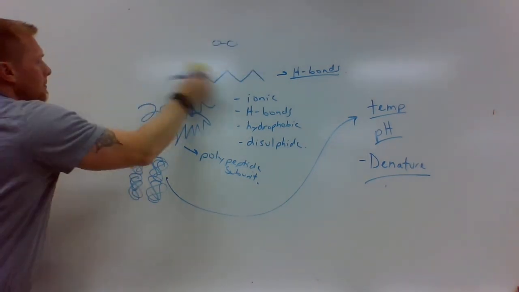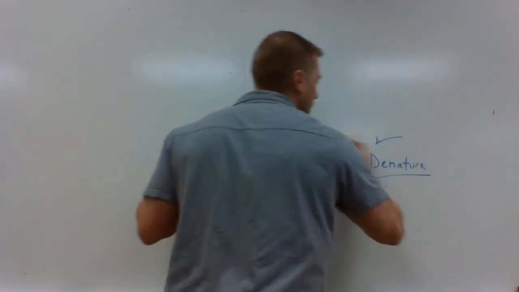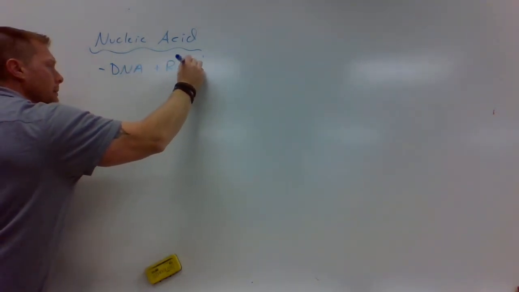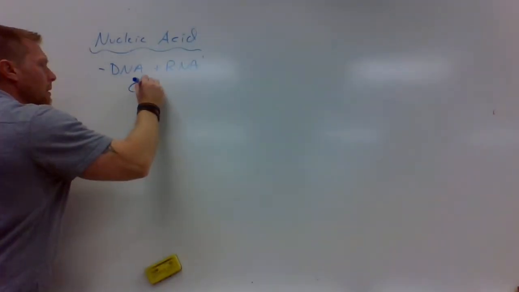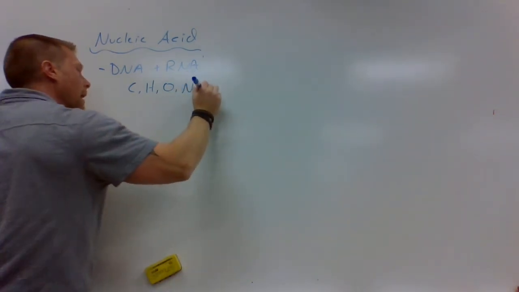All right, the last macromolecule, which we barely covered, just a small little intro, is going to be the nucleic acid. Nucleic acids are going to be DNA and RNA. Nucleic acids have carbon, hydrogen, oxygen, nitrogen, and phosphorus. So that's how you can tell the difference between a nucleic acid and a protein.